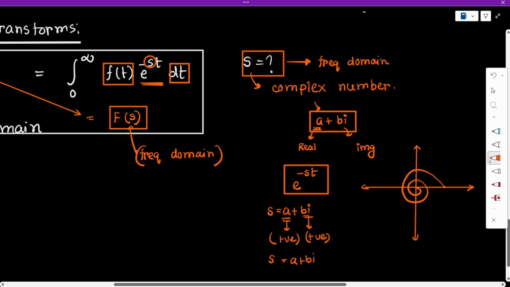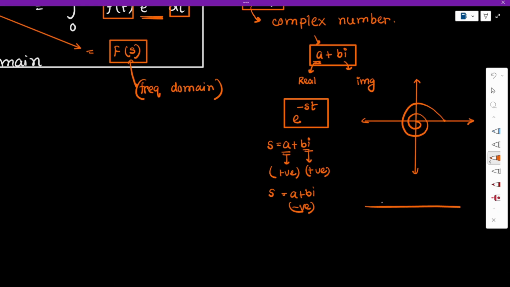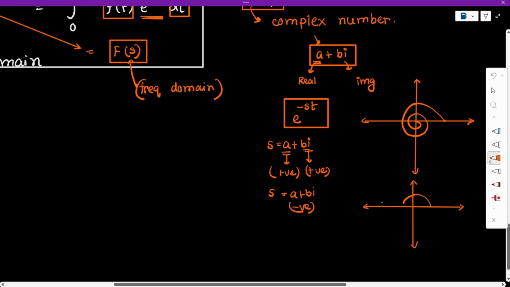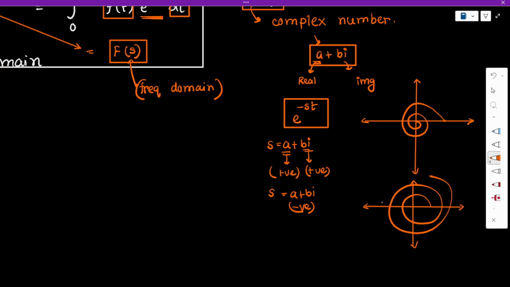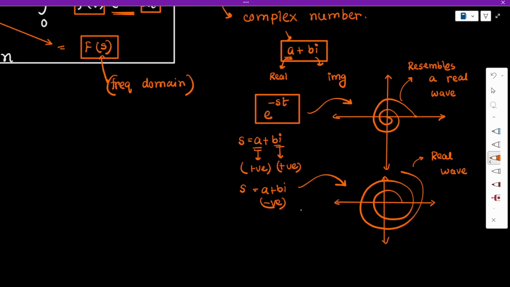And when the real part becomes negative, then it creates a graph like this, which increases with time. So this is when the s is negative, and this happens when the s is positive. So what does this signify? You see, this is a resemblance of a real wave in our everyday life.